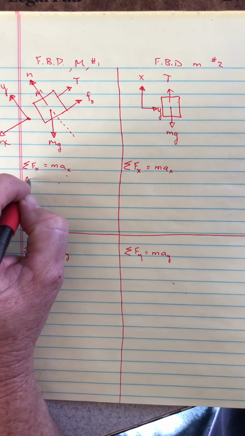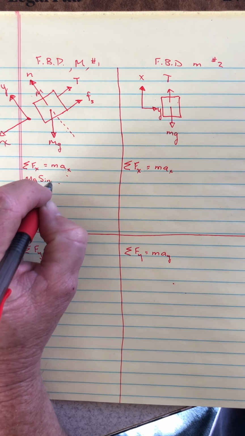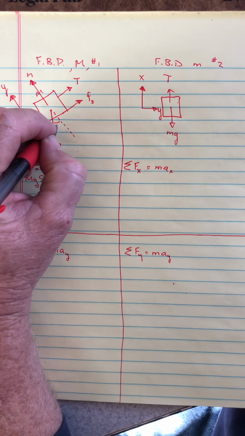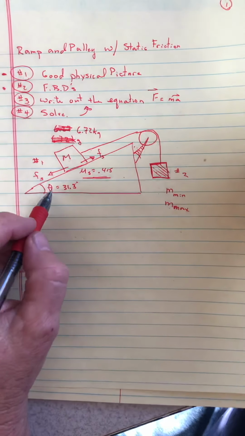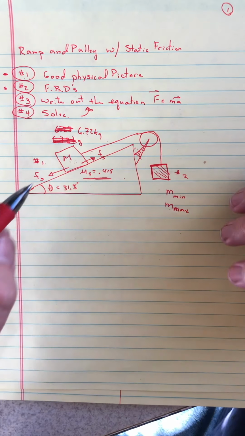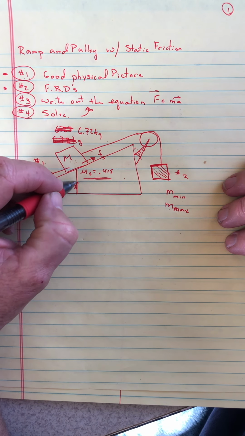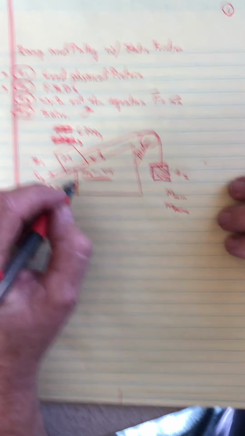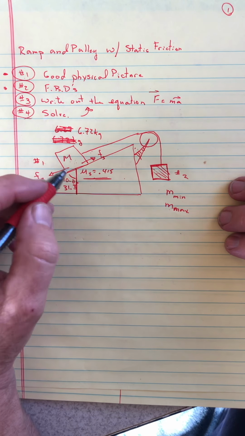So this would be mg. And if you remember doing this geometry in the last chapter, it's sine of theta, where this right here is theta, which turns out to be the same angle as the slope of the hill. It might be fairly easy to see that if you drop a vertical line here, and knowing that this is theta, then this right here would be 90 minus theta.